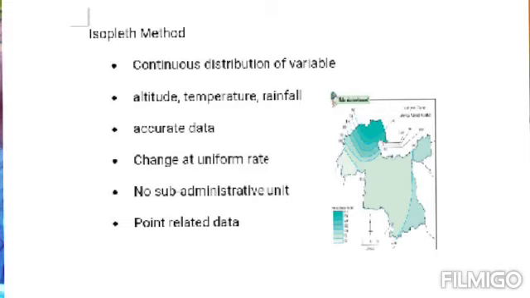Suppose rainfall is there, so we collect the rainfall of a particular place. What is the rainfall of that place, second place, third place, fourth place, fifth, sixth, seventh, like this. So we collect the data of places. That's why that data is called point related data, and these points are connected with the help of lines, right? And this is called an isopleth map.